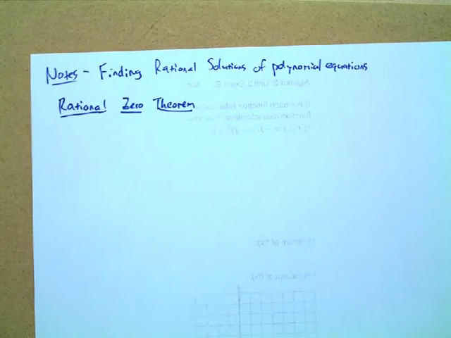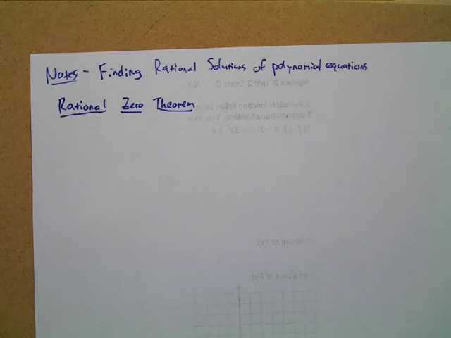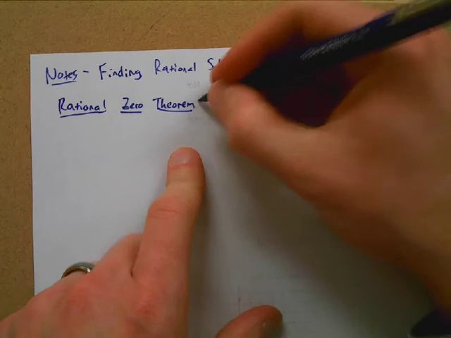The rational zero theorem is going to help us narrow down the number of guesses that we need to take, or the kinds of guesses, or what our bank of numbers we're going to guess from. Okay, so here it is.